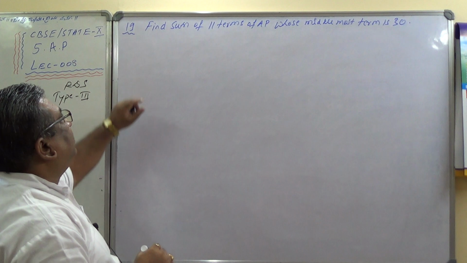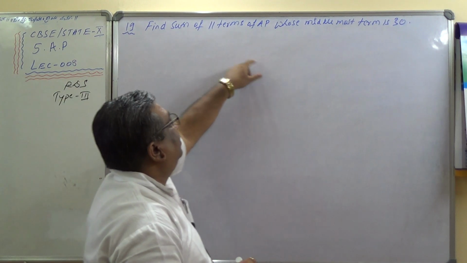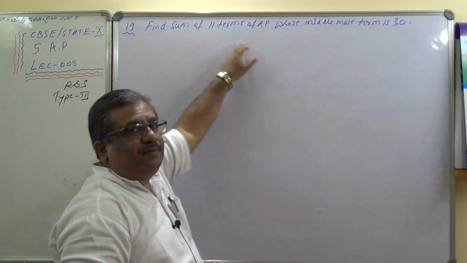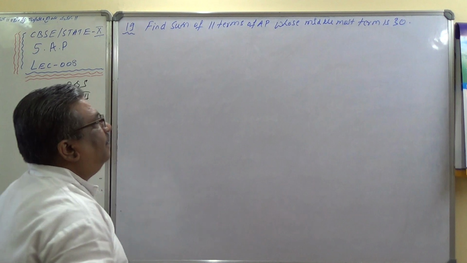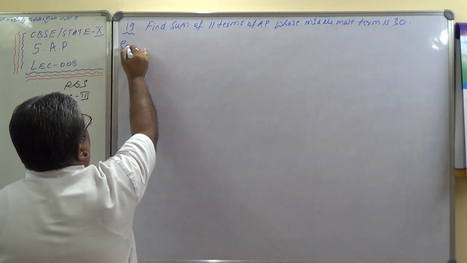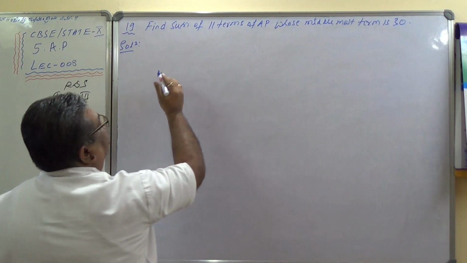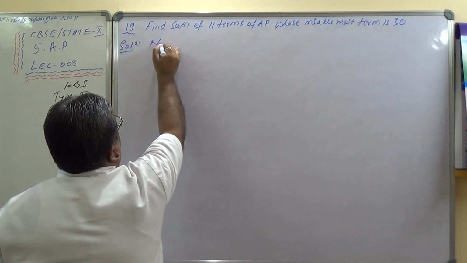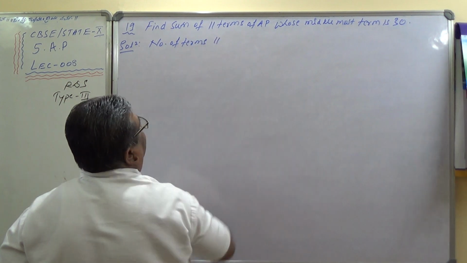Next, RD Sharma numerical, 19th example. Find the sum of 11 terms of an AP, whose middlemost term is 30. So solution. Okay, the solution here. See, the number of terms is 11.